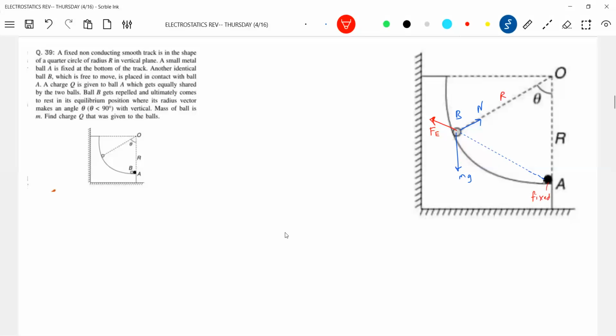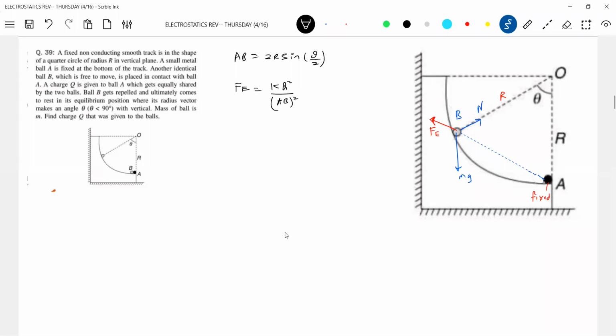So this distance is r. So AB should be equal to 2r sine theta by 2. The length first we'll calculate. Then electrostatic force Fe is K Q square by AB whole square.